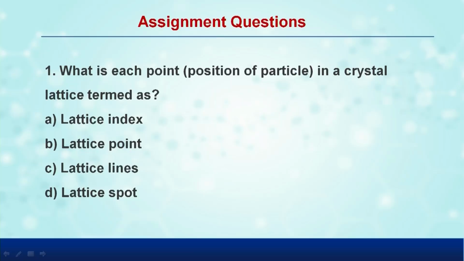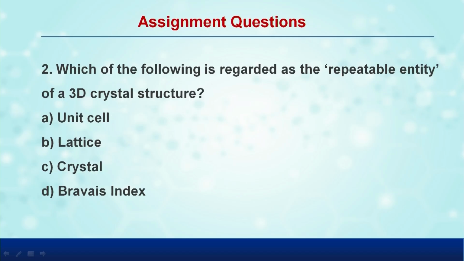Now, let us see some assignment questions. Question 1. What is each point or the position of a particle in a crystal lattice termed as? You are given 4 options. Question 2. Which of the following is regarded as the repeatable entity of a 3D crystal structure?